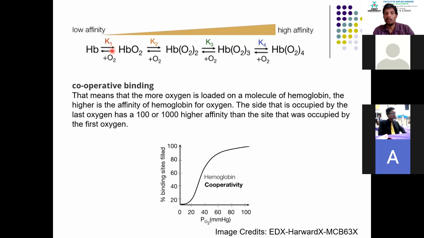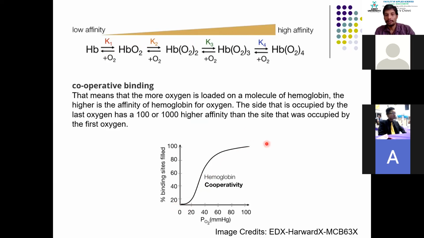Okay, and then once it gets oxygenated, binding to the second oxygen is quite fast compared to the first, and the third one is also much faster, and the fourth will be very high affinity when it already has 3 bound. So the first has low affinity, the second comparatively high, the third much higher, and the fourth very high. So that's why it is called cooperative binding. Once it binds, it will increase the affinity.